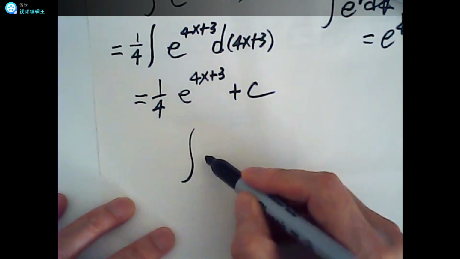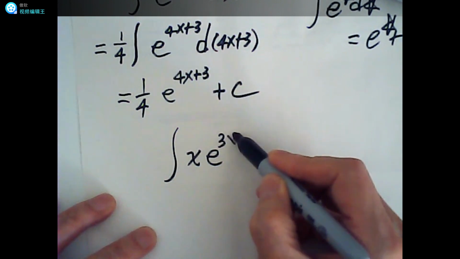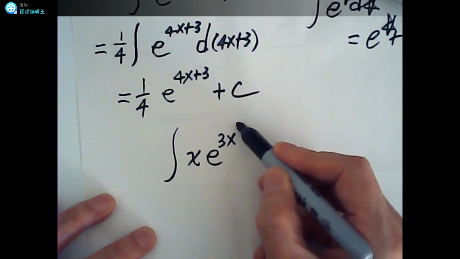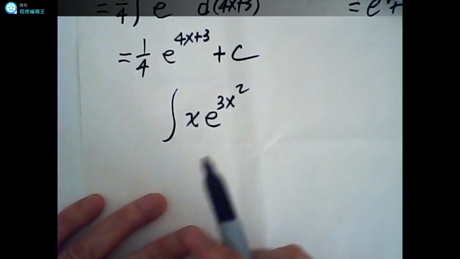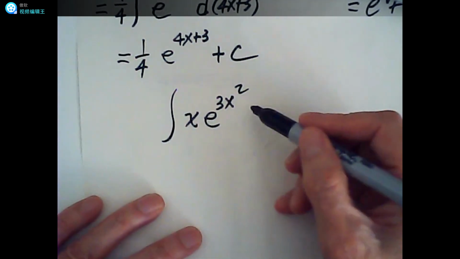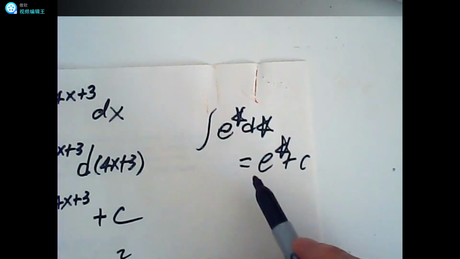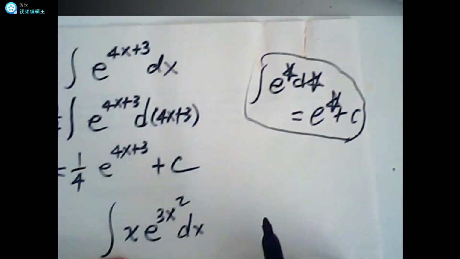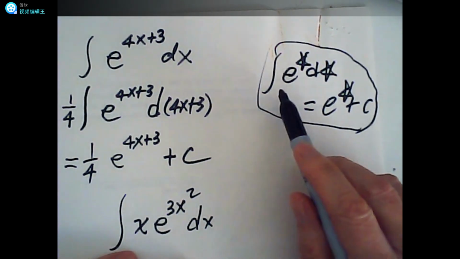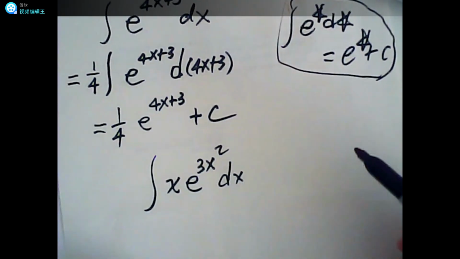Say, the integral of x e to the 3x squared dx. Now by looking at this one, of course, I want to use this formula, right? This is the basic formula: e to something d something is equal to e to something plus c.